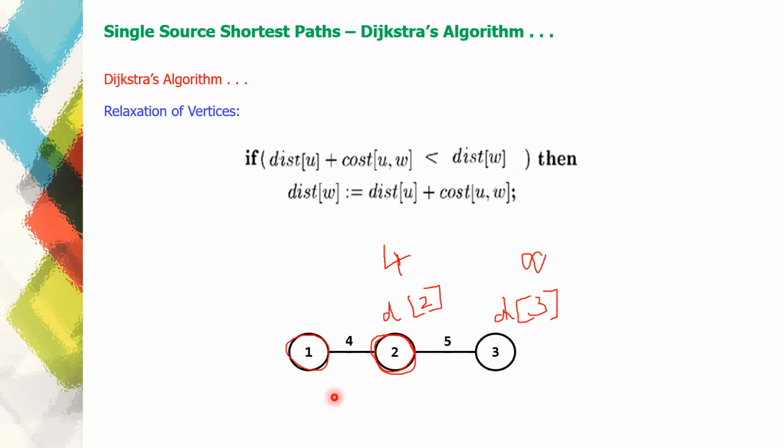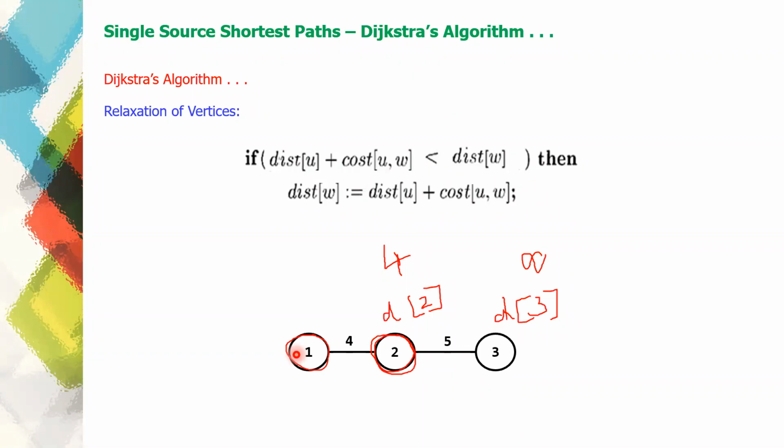Now, do I have to apply the relaxation procedure on vertex 1? No, I'll not be able to apply relaxation on vertex 1 because vertex 1 is already visited. So in Dijkstra's algorithm, in any step, there will be nodes which are already visited and nodes which are not visited.